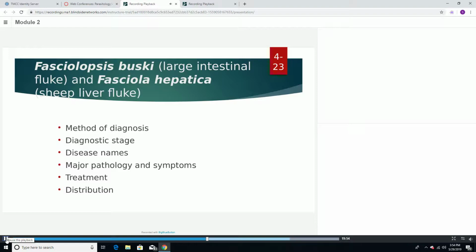Heavier infections, patients are going to experience pain, nausea, mucoid diarrhea, anemia, intestinal obstructions, and malabsorption. Generalized edema, which is retention of fluids, and marked eosinophilia. Death in a patient can occur with heavy infections.